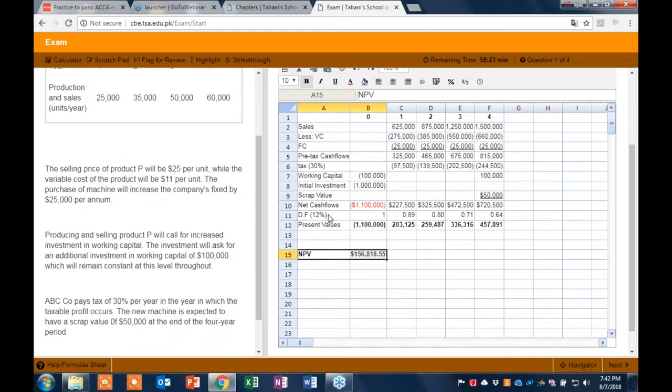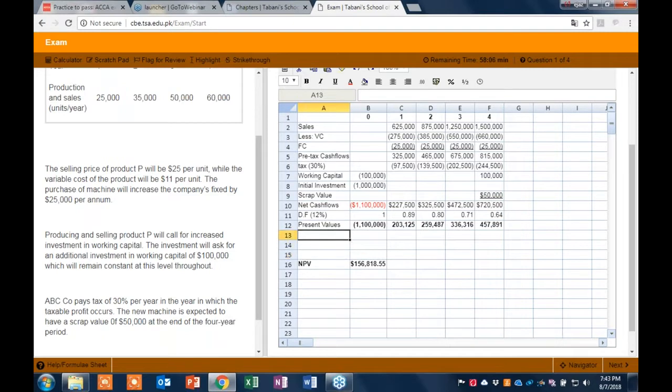So let's increase the discount rate and calculate the present values again, and find a negative NPV at a different rate. Then we'll use those two NPVs to calculate the IRR as we did in the last session.